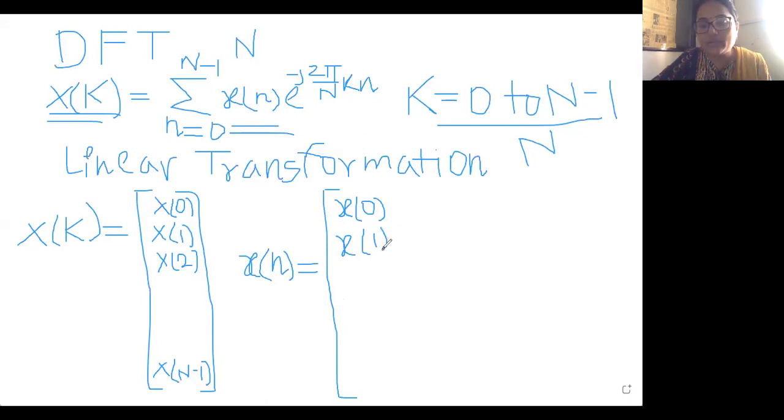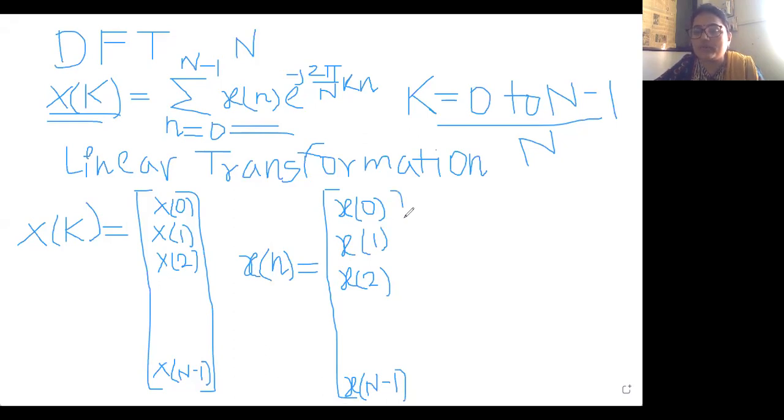Further, the next value of n is going to be x of 2. Likewise, the last value of n is n minus 1, so I'm going to substitute this value, and this will be x of n minus 1. The last index is n minus 1, so the last value is x of n minus 1.